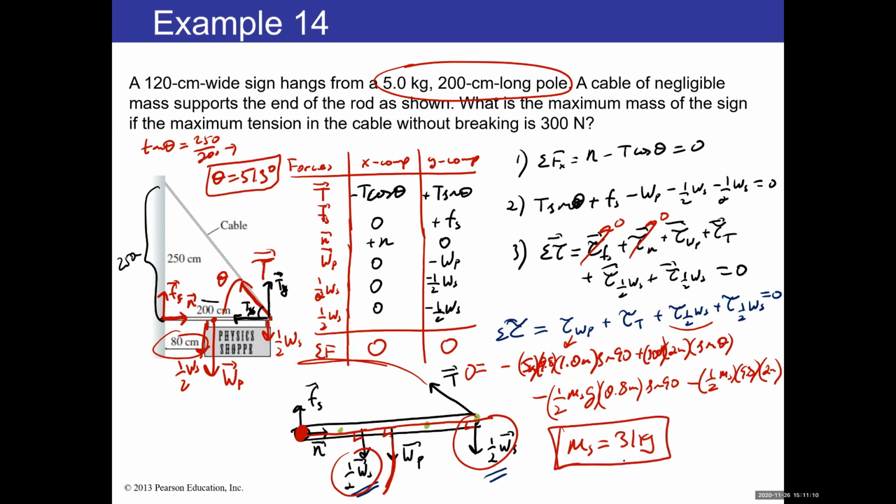I used the net torque by choosing the pivot point to be where the pole connects with the wall, which eliminates static friction and the normal force. Then I have only 4 forces applying torque, and I know everything I need to solve for the mass of the sign.